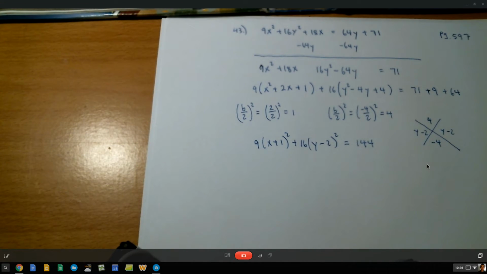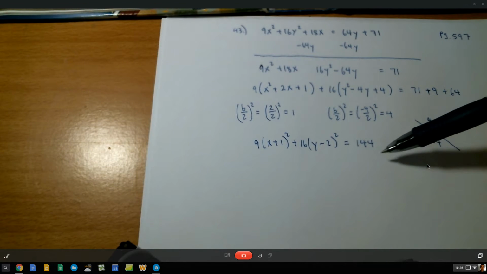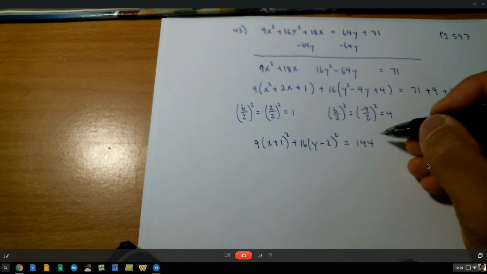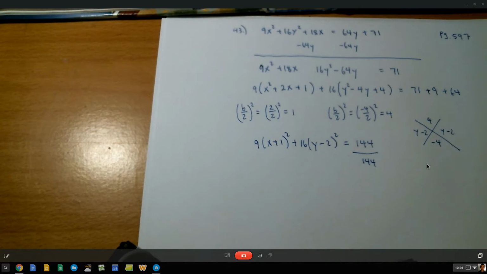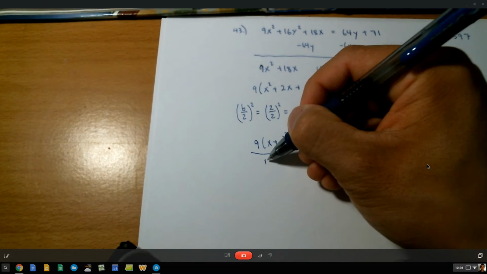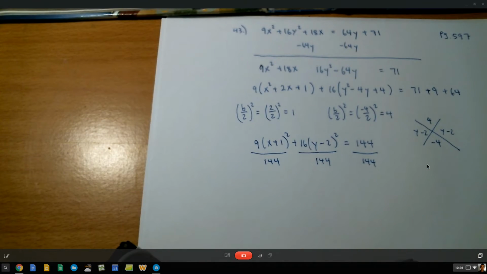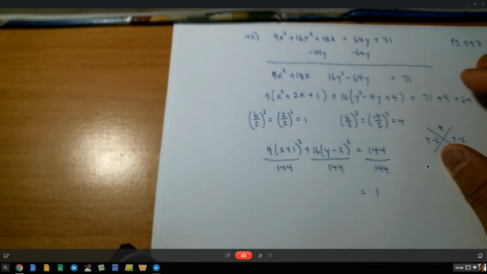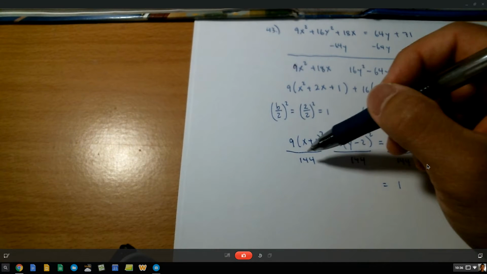But for an ellipse equation, remember, you always set it equal to 1. So we have to get 144 to equal 1 on this side. So we have to divide it by 144. If you do it to that side, you have to do it to everything on the other side. So now you end up with 1. And what is 9 over 144?